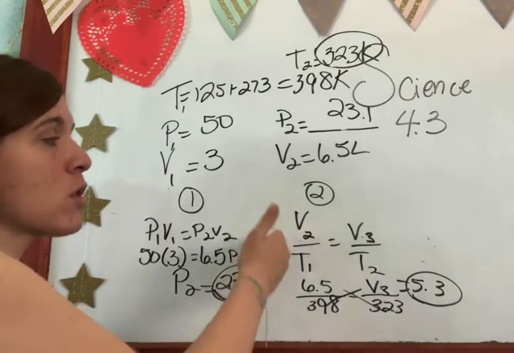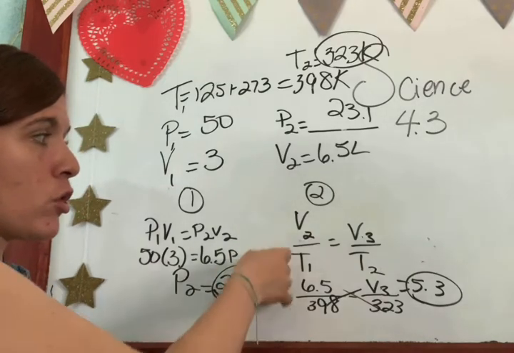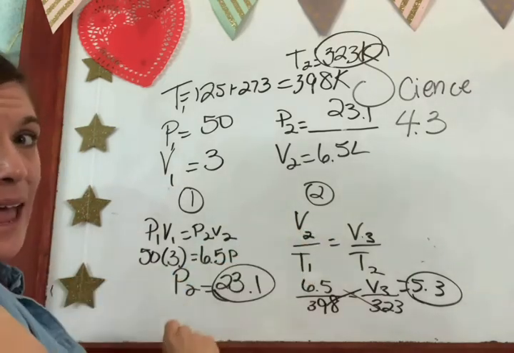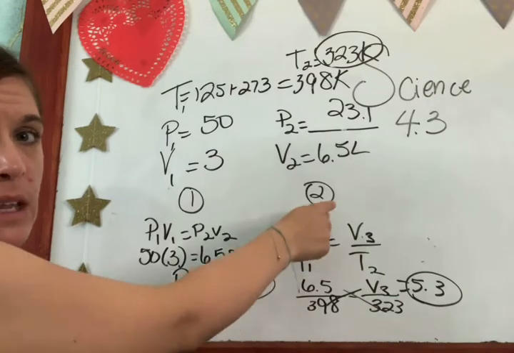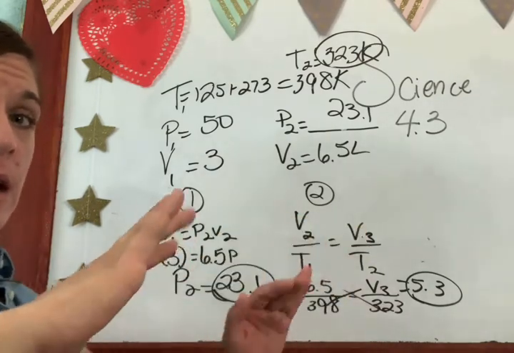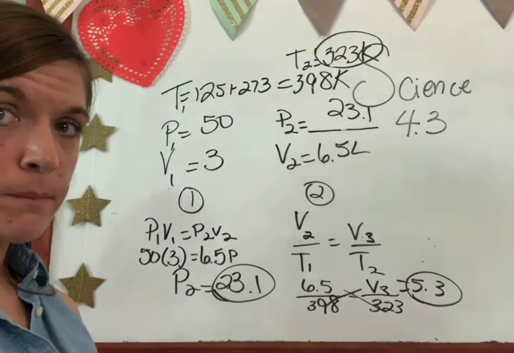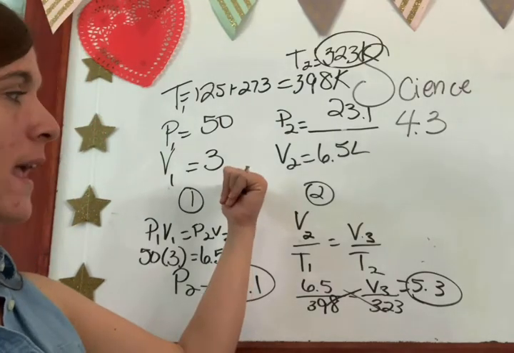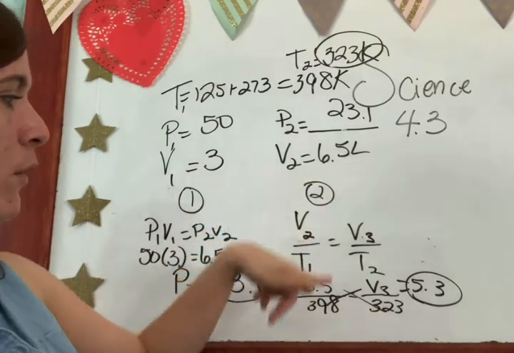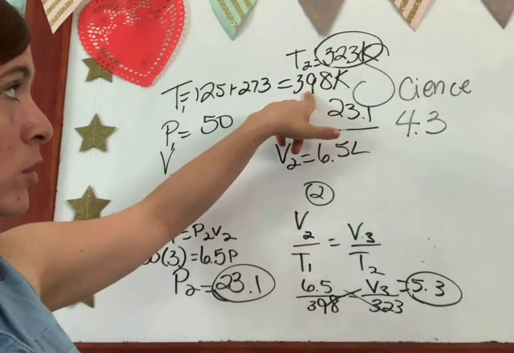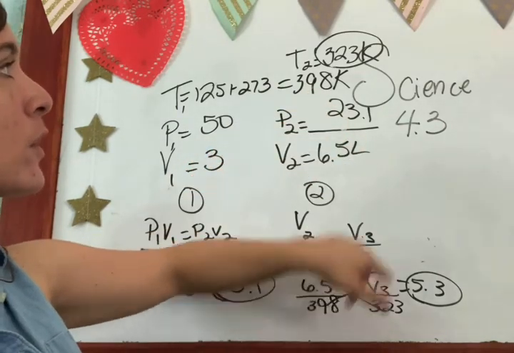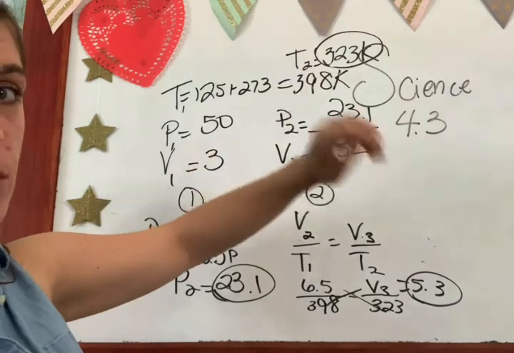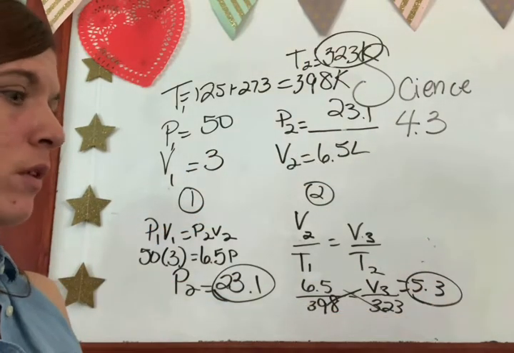But you've already switched volumes one time, so you're going to be using V2 to V3 actually. So it's V2 over T1 equals V3 over T2, because volume is already changed from the original. So then you go 6.5 over 398, which is the original temperature, equals V3 over 323, which is the new temperature, and you're going to get 5.3 as your volume.